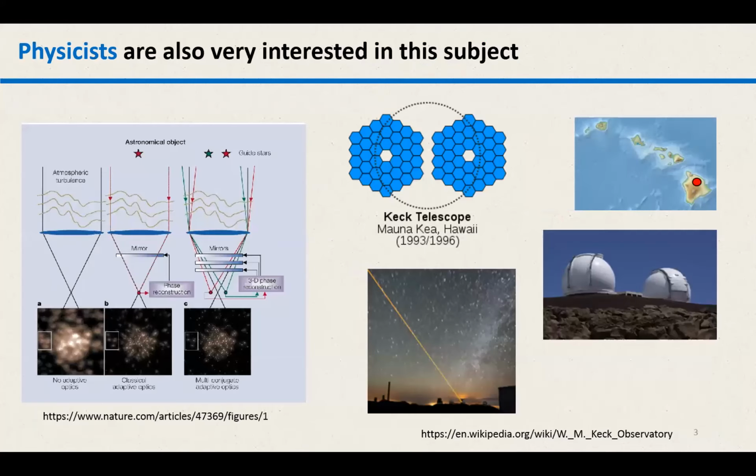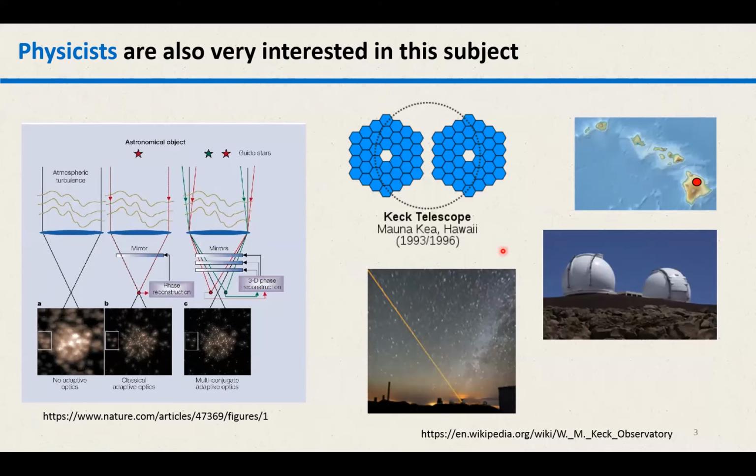In fact, this problem is not just a problem for us, computer vision scientists, it's also a very, very big problem for physics. Over the past 100 years or so, people have been developing a lot of telescopes, including very advanced adaptive optic systems in order to see through the sky. This is the Keck telescope that is installed in Hawaii.